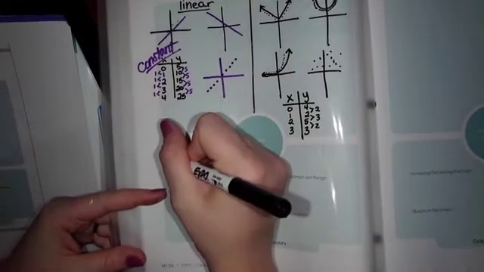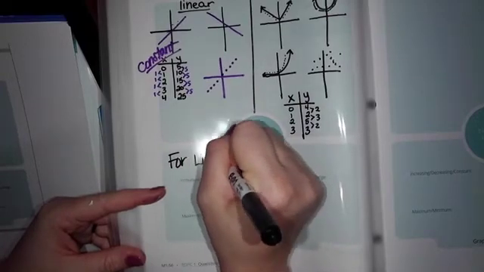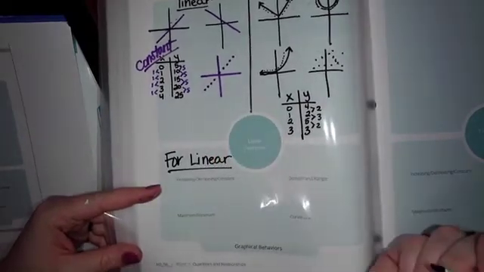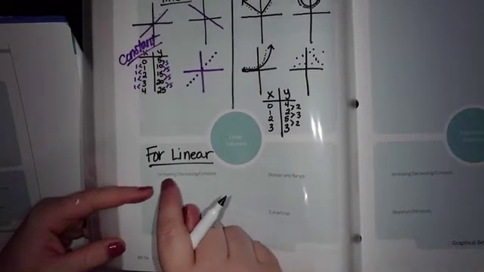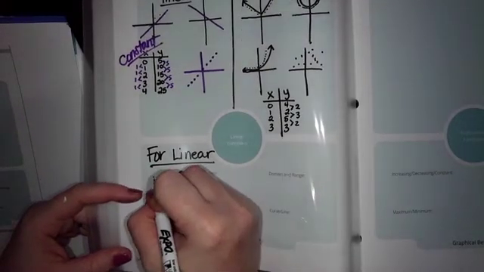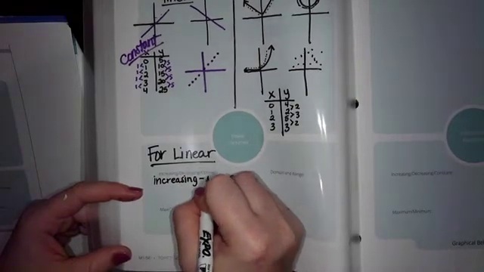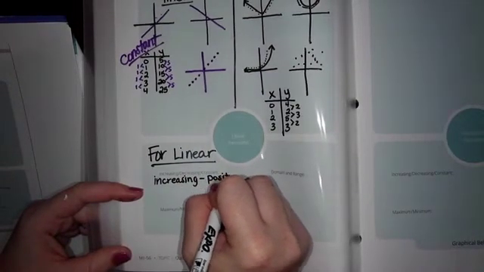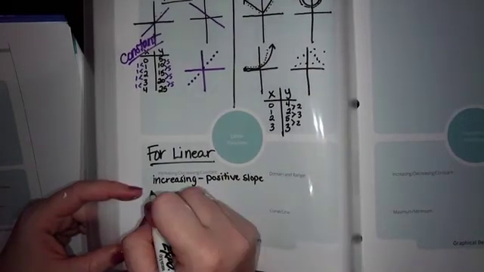So these are all for linear. These are descriptions when it is linear. So when it's increasing, decreasing, or constant. Increasing means it has a positive slope, just like we talked about just a second ago.